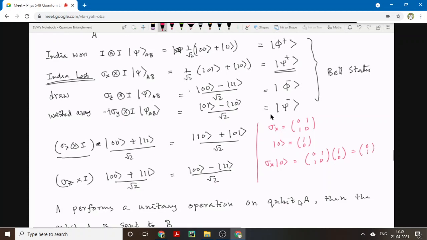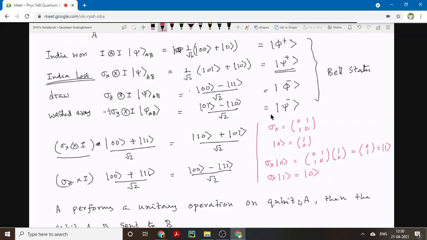That means this is 1. So the operation of sigma x is, if you operate it on 0, it becomes 1. If you operate it on 1, it becomes 0. This is called a NOT operation. So the sigma x gate is basically a NOT gate. 0 becomes 1, 1 becomes 0.